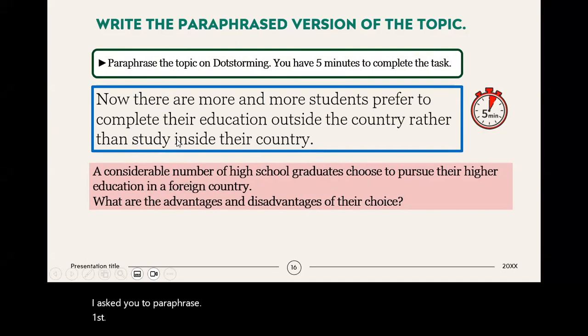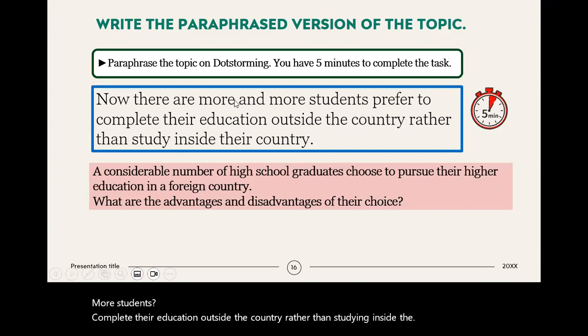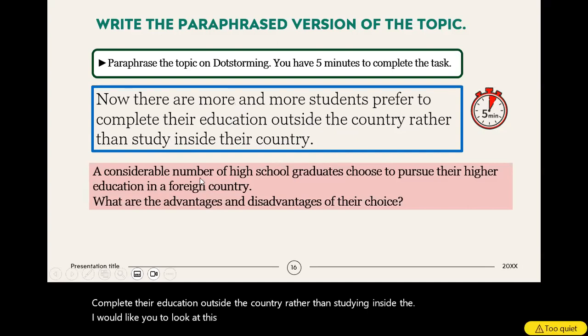Now the student wrote this: now there are more and more students prefer to complete their education outside the country rather than study inside their country. Now I would like you to look at this one. Here we have a considerable number of high school graduates; here we have more and more students.